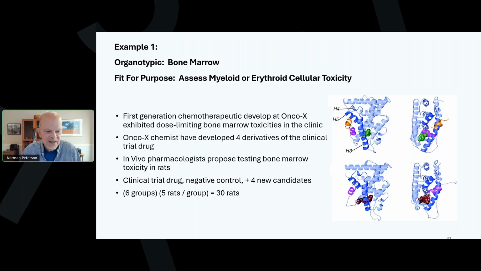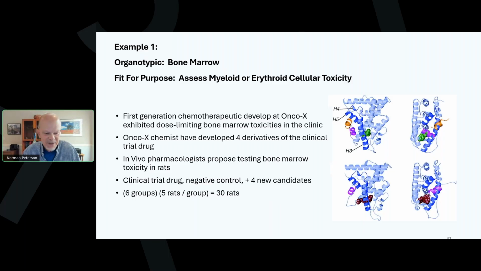So they go back to the chemist at OncoX, and the chemist has said, I've got 4 other derivatives. I've moved a methyl group over here, a hydroxy group over here. I think these compounds will be less toxic than our first generation compound. So let's put these in rats and see what happens.